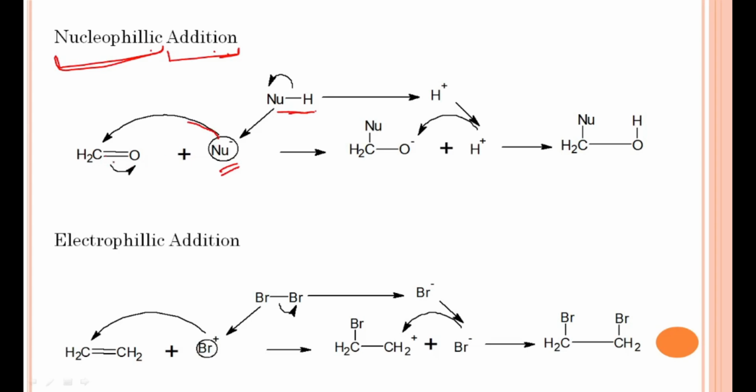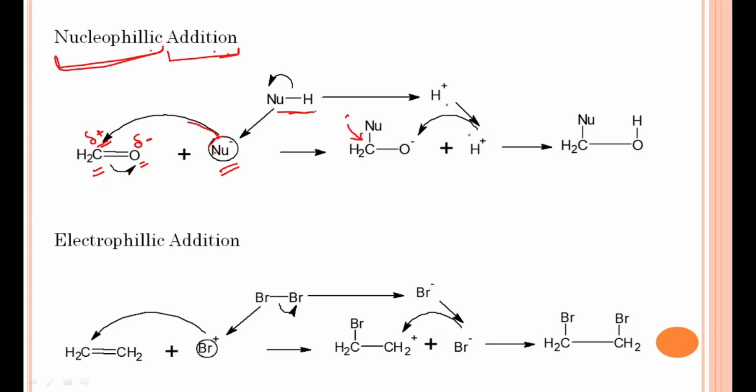So what happens, due to the electronegativity of this oxygen, it is getting a negative charge and this carbon is getting a positive charge. So due to the property of the nucleophile, being negatively charged, it will attack the positively charged element of the compound. So this nucleophile is attacking this carbon atom and forming a new bond here.